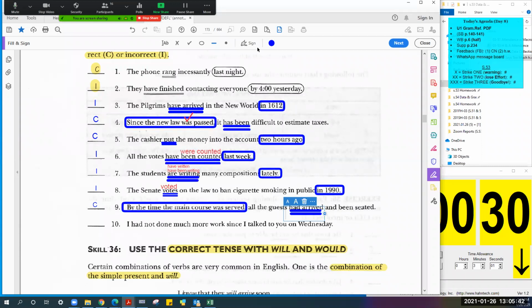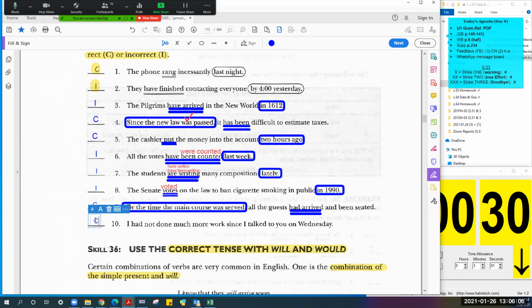All right, last one here. Muhammad Al-Amri, what do you think? Since it is a connector, not a time expression, is the sentence correct? "I have not done much more work since I talked to you on Wednesday."